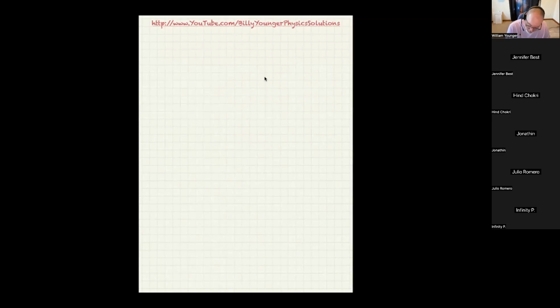So this is going to be an Atwood on an incline. So let's say, inclined Atwood machine, no friction.